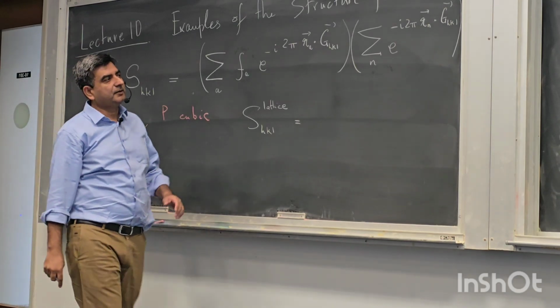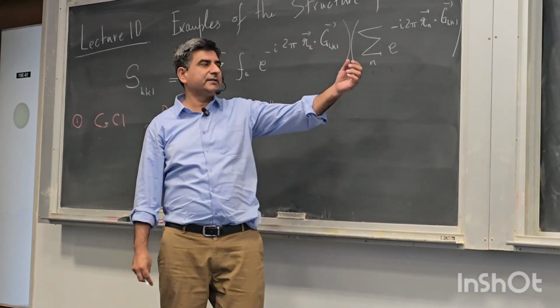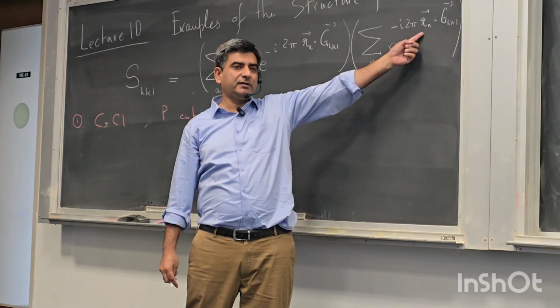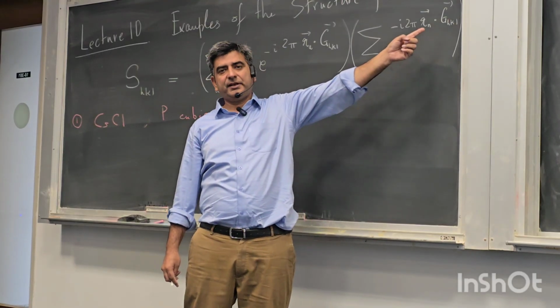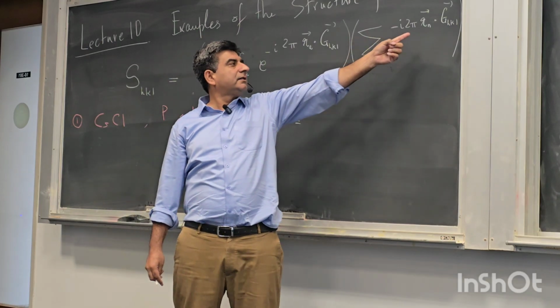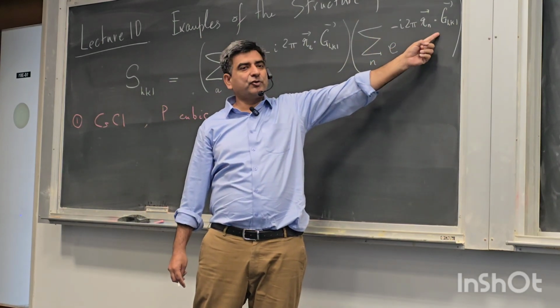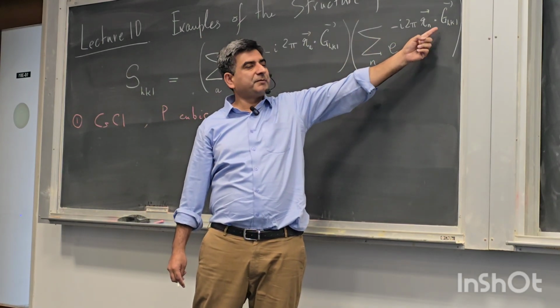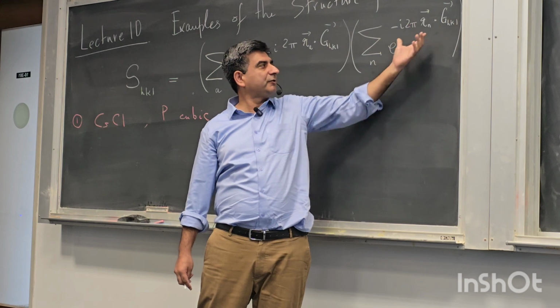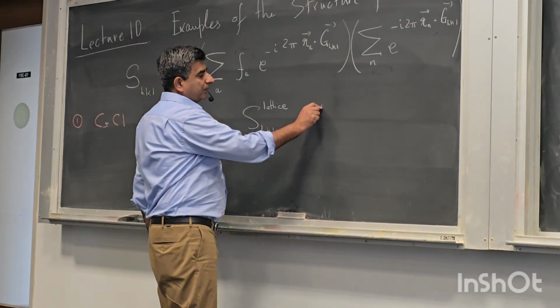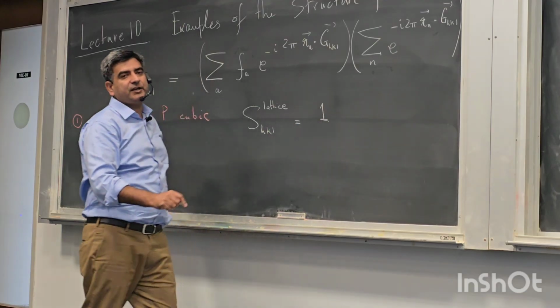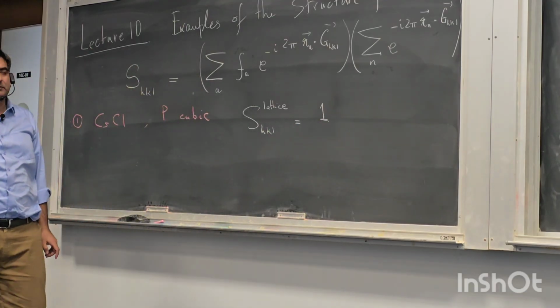Where is that point? That point is just on the edge. So R is 0, 0, 0. GHKL is H a star plus K b star plus L c star. You take the dot product, multiplying 0 with anything, this becomes 0. So this just becomes 1. So this is 1 for any primitive lattice.